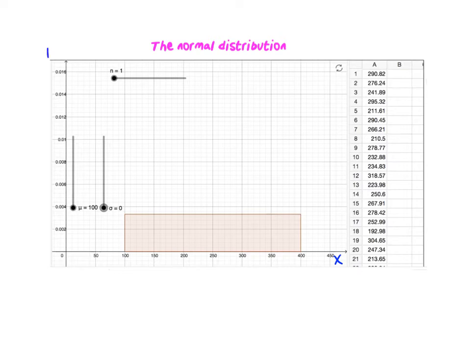And on the y-axis, I'm going to have the probability of X being small x. So for example, the probability of X being 100 here is around 0.0037. I want to arrange them in a histogram.